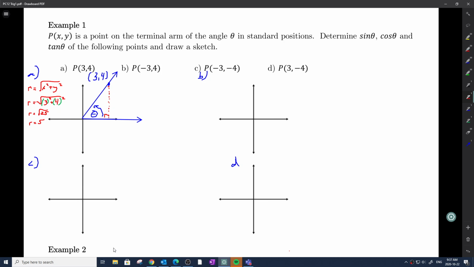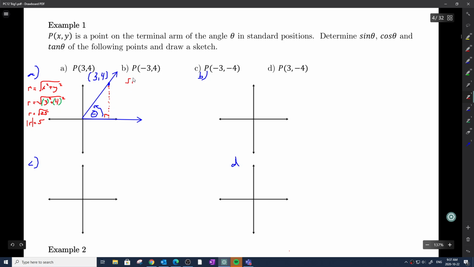Notice how I put the x, y coordinates in brackets, just to avoid confusion where I'm squaring a negative. So 3 squared is 9, plus 4 squared is 16, 9 plus 16 is 25. Square root of 25 is 5. So really, my radius vector r, I can put this in absolute value, is 5.